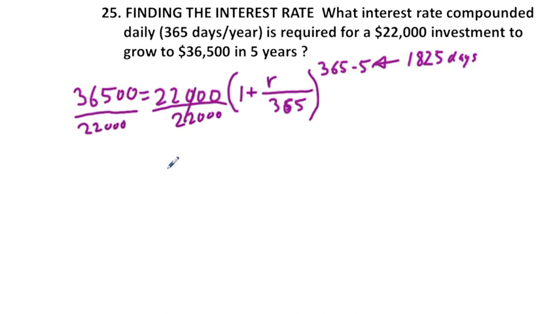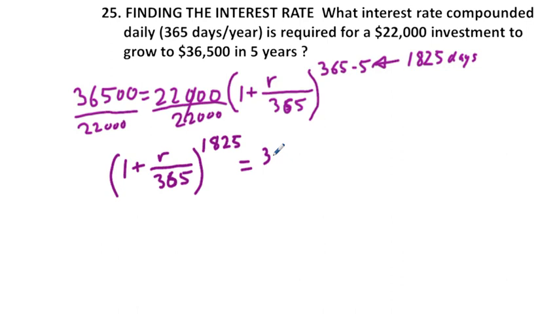And so we have 1 plus r over 365 to the power of 1,825 is equal to 365 divided by 220. Now, what do we get, 365 over 220? We just dropped out these zeros here, just to make our arithmetic a little easier.